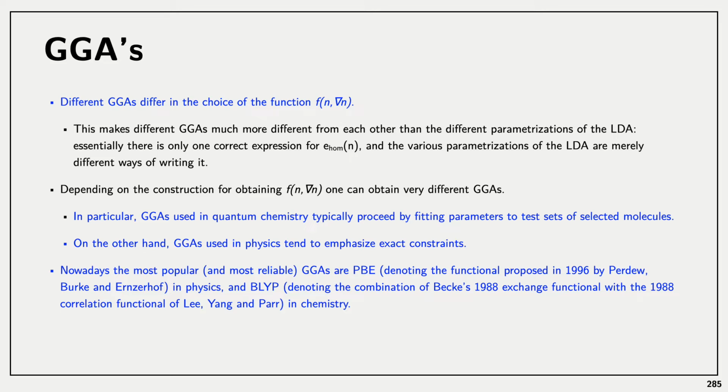Chemists use BLYP, which is actually a mixture of the exchange functional from Becke along with the correlation functional of Lee, Yang, and Parr. And again, the name BLYP is the first initial of the four authors. Just a little point: in fact, chemists do not use BLYP as much. They now use B3LYP, which is actually a hybrid functional.